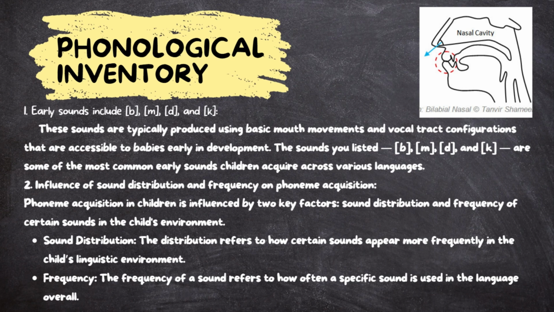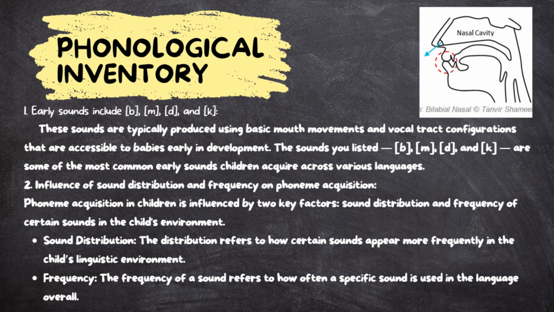For example, in English, the sounds b, m, d, and k occur frequently and are present in many basic everyday words like baby, dog, cat, and mom, and many more. So this high frequency contributes to the early acquisition by children.